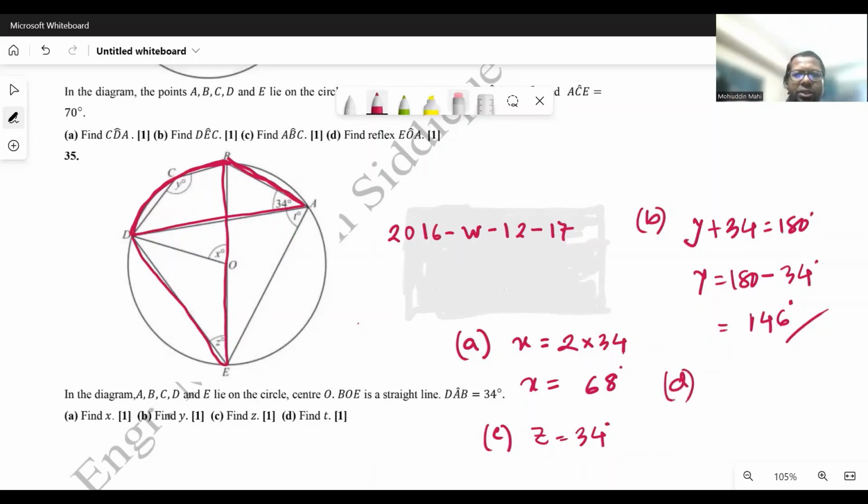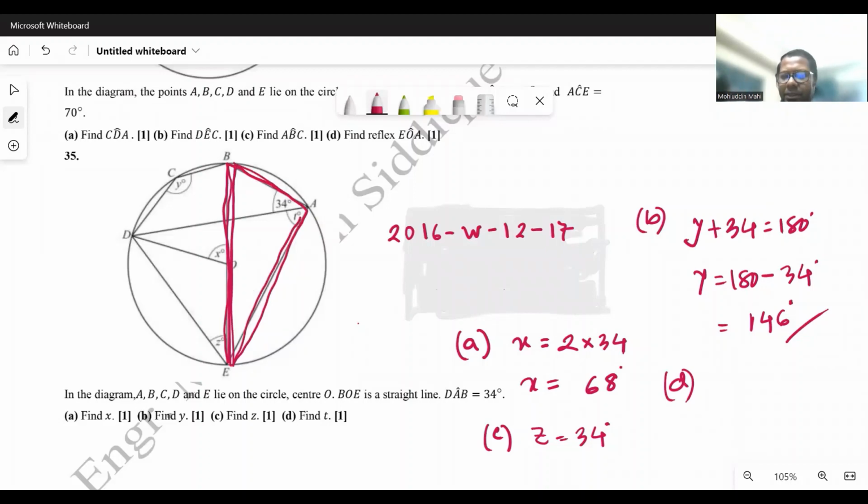Then we have to find out t. Now the diameter BD is subtending the angle BAE. So that means angle BAE is supposed to be 90 degrees, because a diameter always subtends 90 degrees at the circumference.